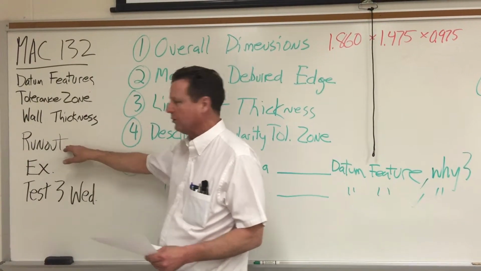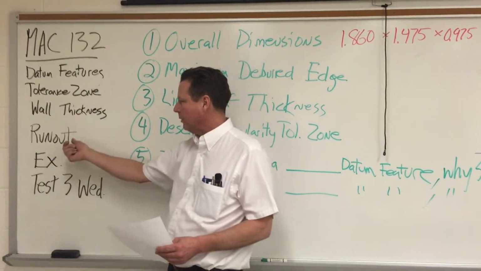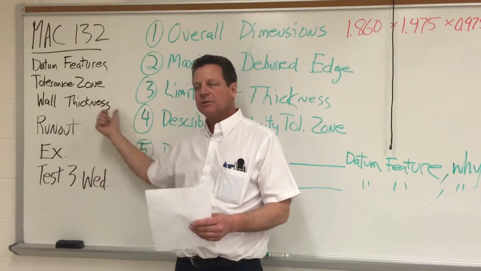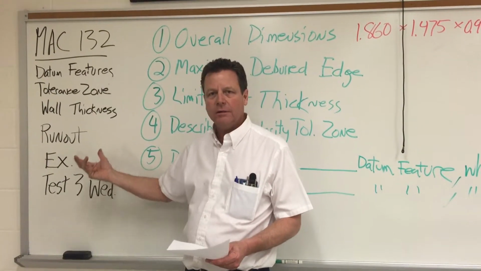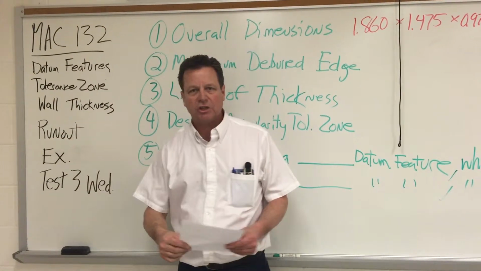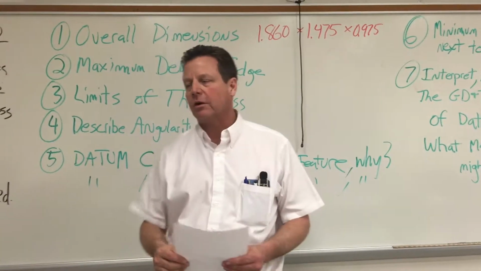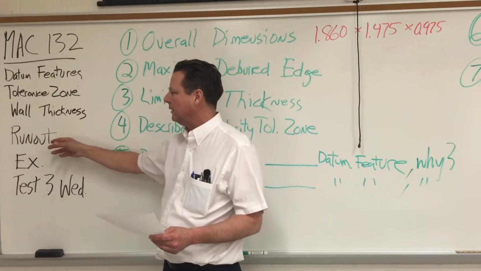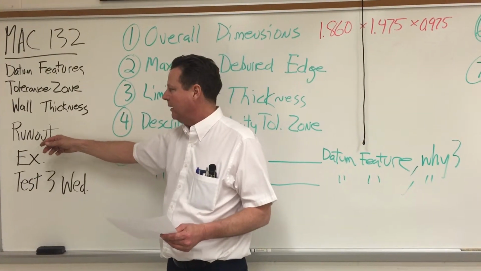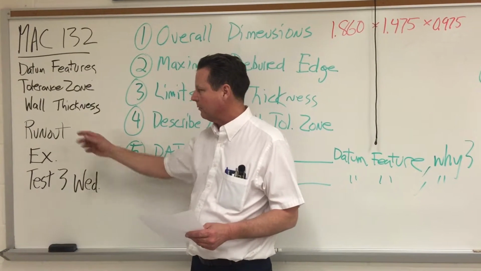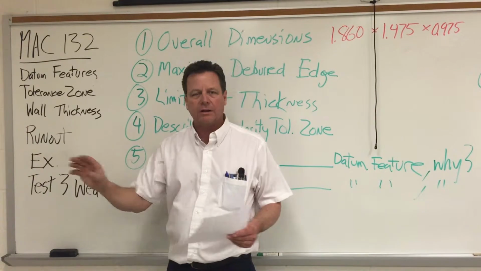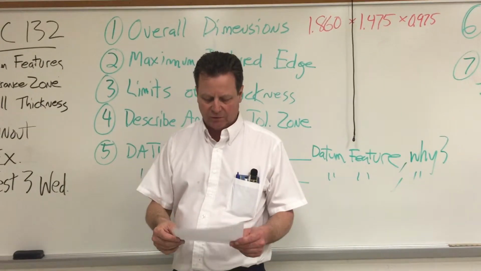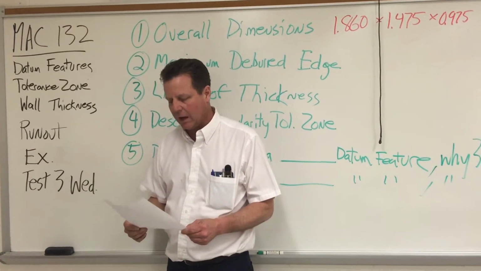Last thing was we talked about runout and how runout and concentricity and circularity are all kind of related together. But runout is a cheap thing to check. We talked about the difference between circular runout and total runout, and went over that. Circular runout is in one place. Total runout is over the entire length of the shaft and the surfaces and the axis that they're tied to.